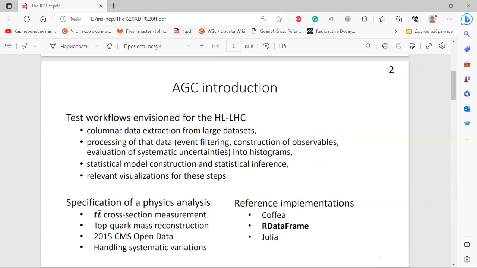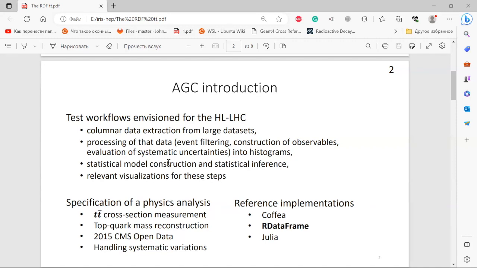And basically, AGC has two major pieces. The first is a specification of a physics analysis task using open data, which reflects relevant workflows performed in analysis at the LHC.